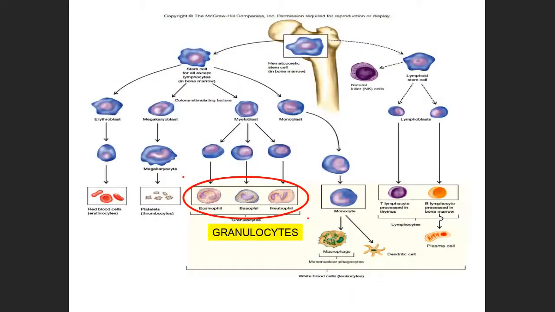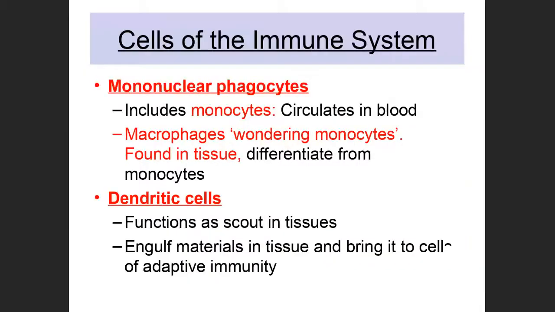So definitely know the basics of neutrophils, basophils and eosinophils, which are the three granulocytic white blood cells. Another white blood cell that is not a granulocyte is called monocytes.